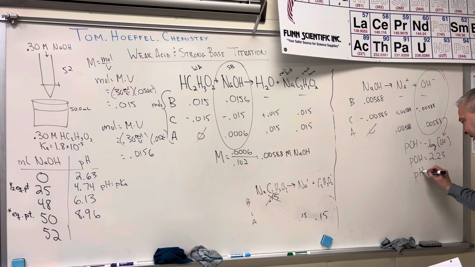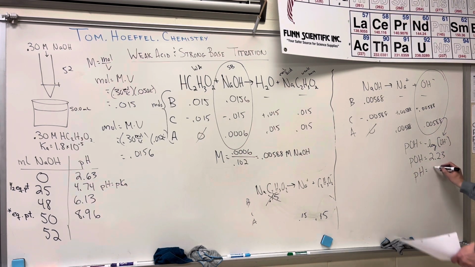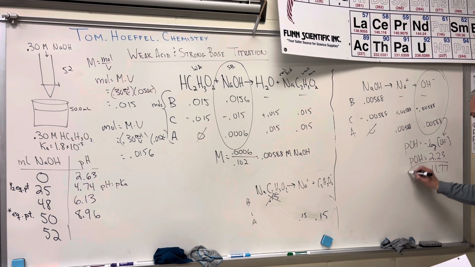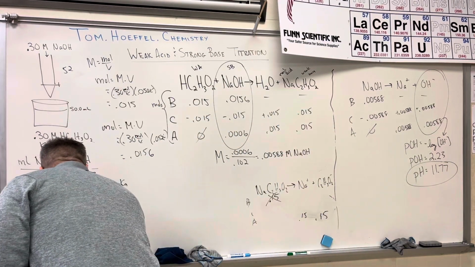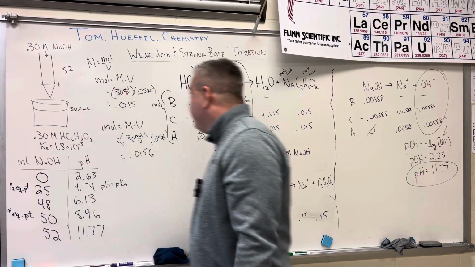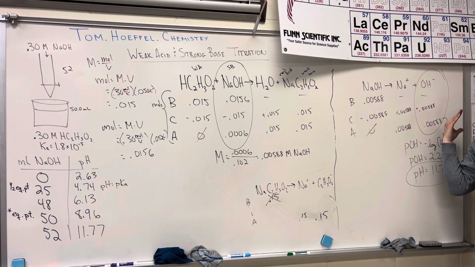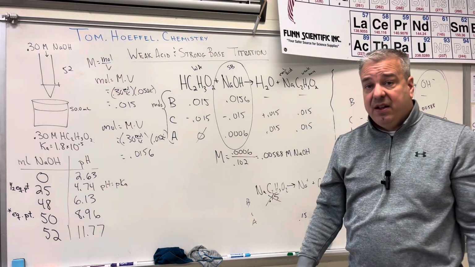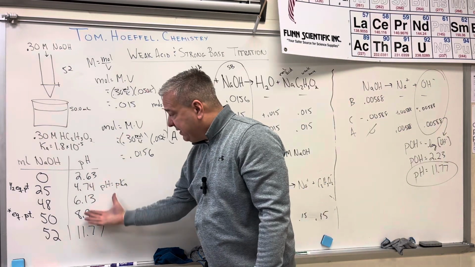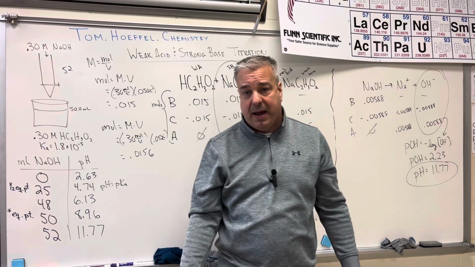And from that, I can calculate the pH by doing 14 minus 2.23, and I get a pH of 11.77. So the last problem doesn't have any equilibrium in it because it's a strong base. And if strong base is present, we're going to concentrate on the strong base in order to calculate the pH. So after doing all of this, these are the values of pH for these different volumes of sodium hydroxide.